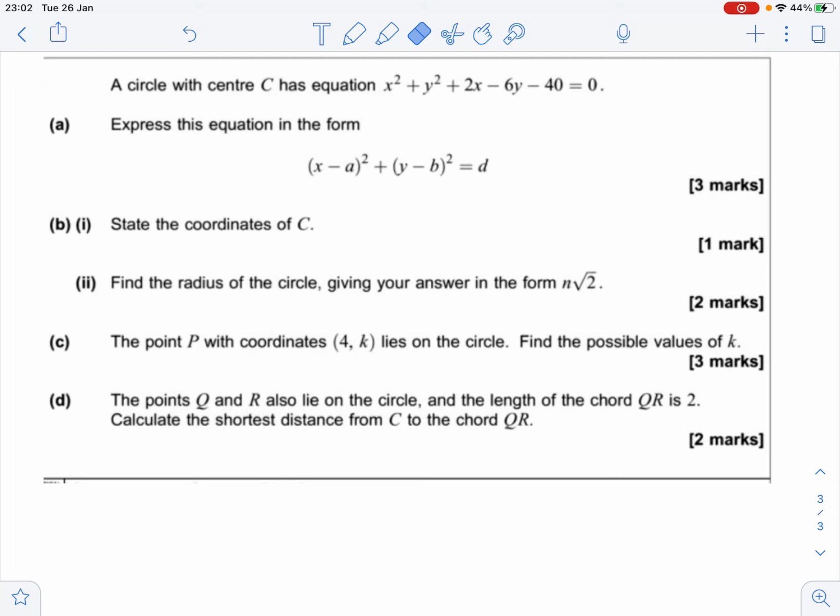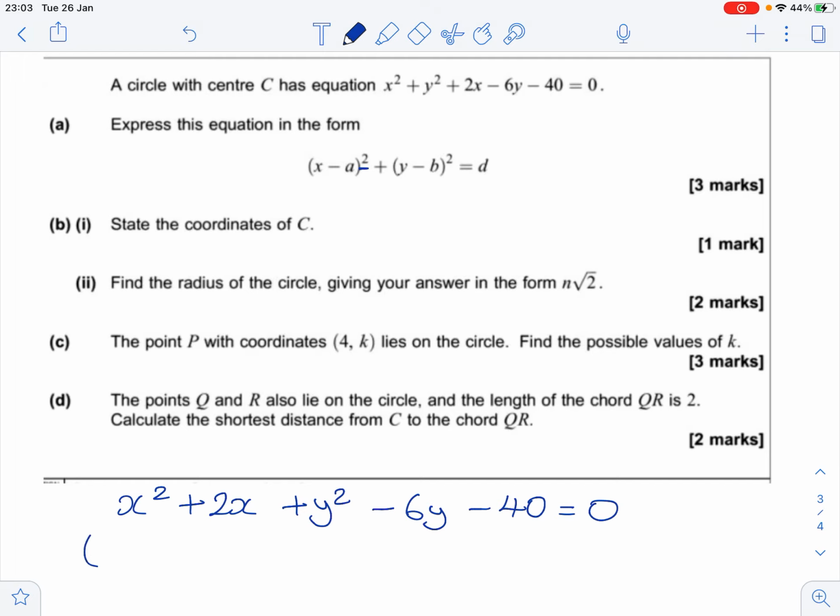So we have x squared plus 2x plus y squared minus 6y minus 40 equals 0. Since we want the squared form, we'll complete the square.